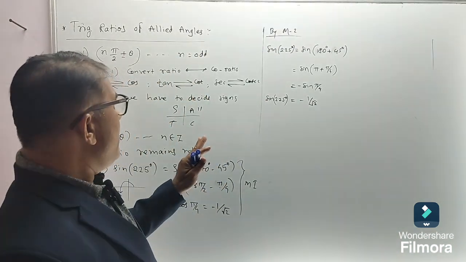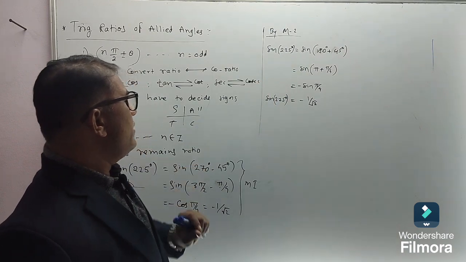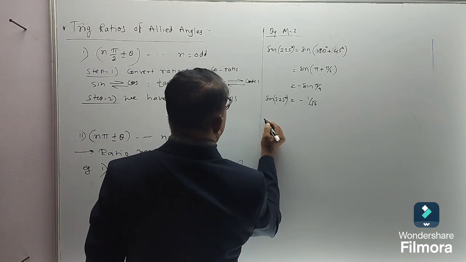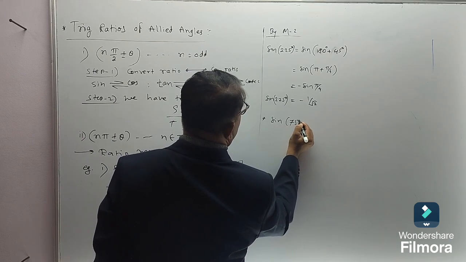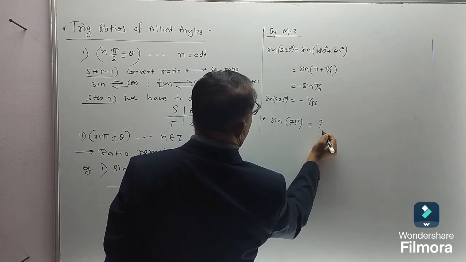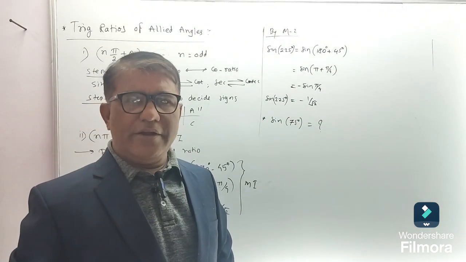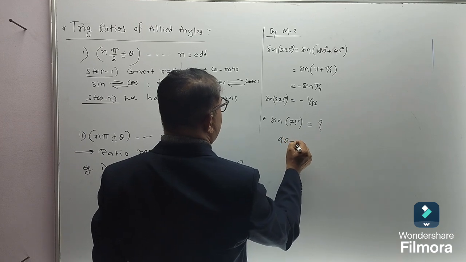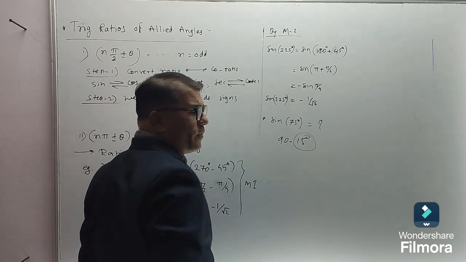Okay? After finding trigonometric ratios of allied angles, now what happens if they ask sine 75 degree? It is not an allied angle, because if I write this as 90 minus 15, then we don't know 15 degree also.